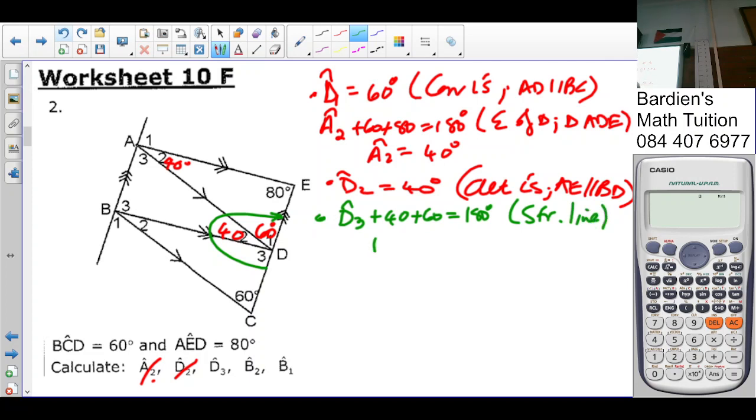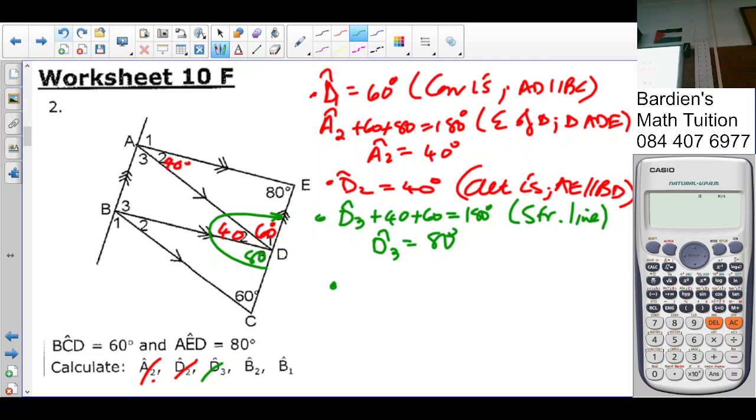The D3 works out to be 80. And I said D2 plus 80 plus 60 is equal to 180. It's correct.